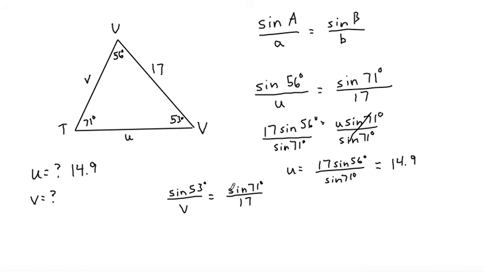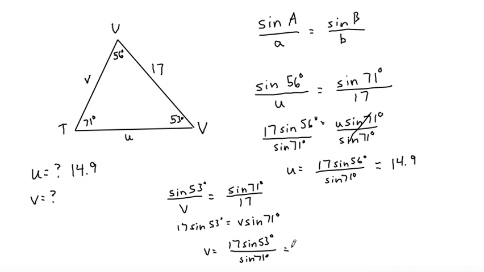So then multiplying both sides again is 17 sine of 53 degrees is equal to v sine 71 degrees, and divide both sides by sine of 71 to get v is equal to 17 times sine of 53 degrees divided by sine of 71 degrees.